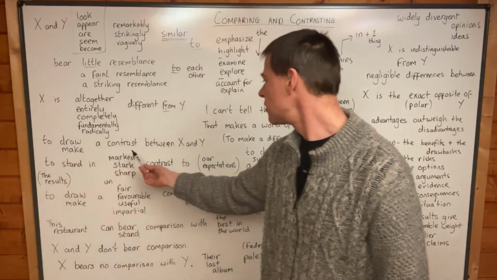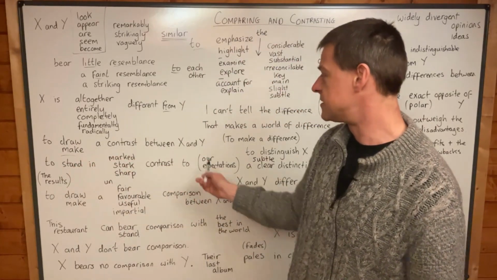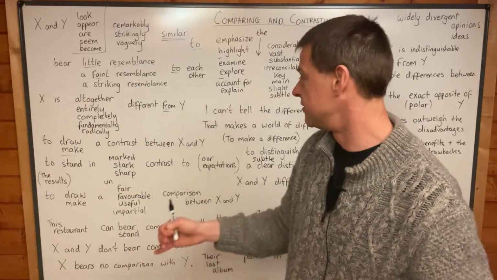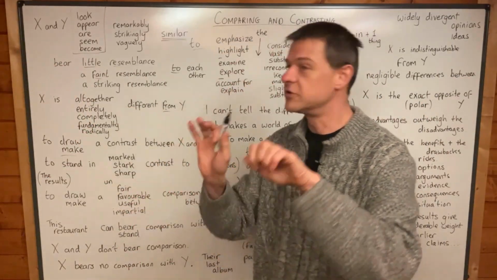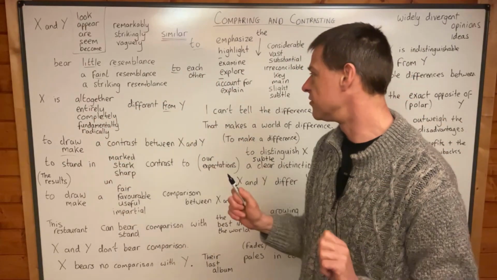Okay, you can draw a contrast between X and Y, or you can make a contrast between X and Y. And this is where you want to contrast two different things, when you want to show their differences. When you're contrasting, you're showing differences and not similarities.